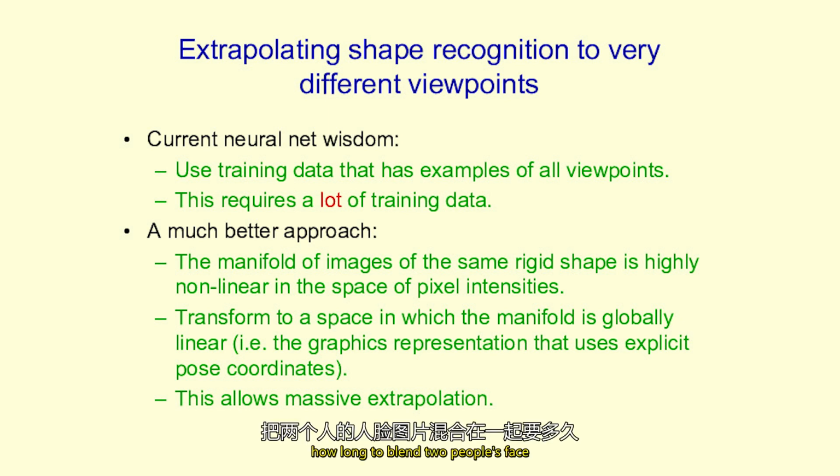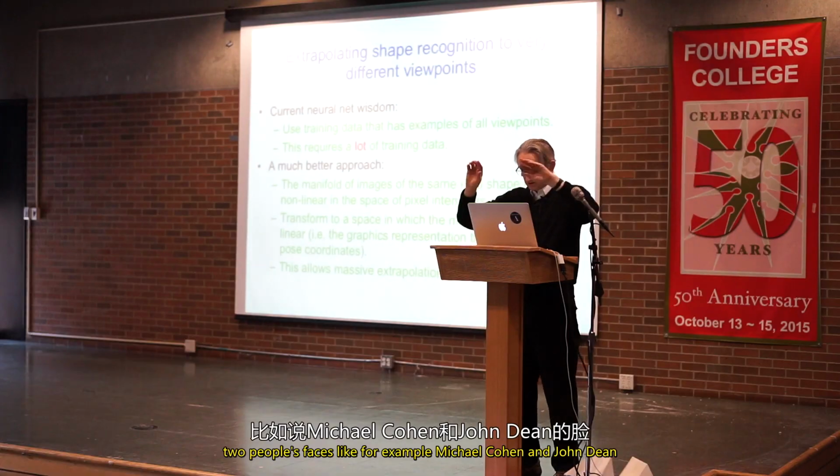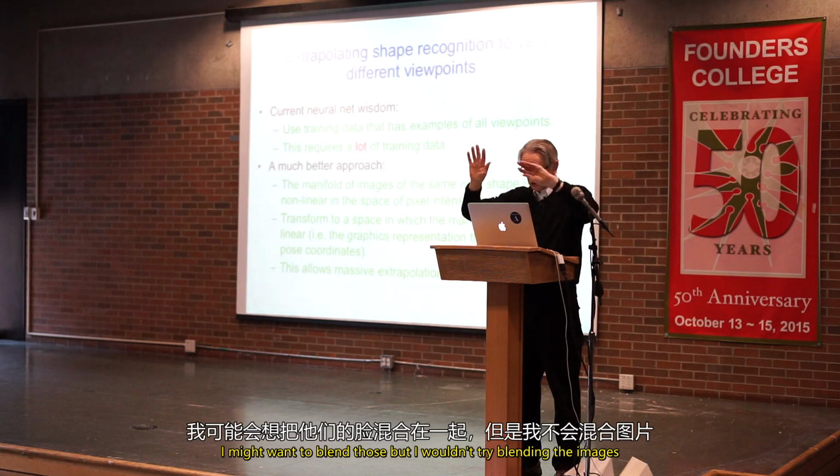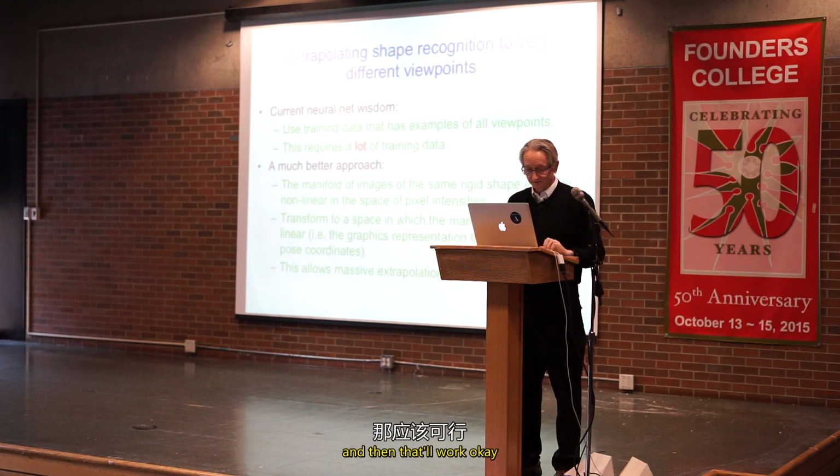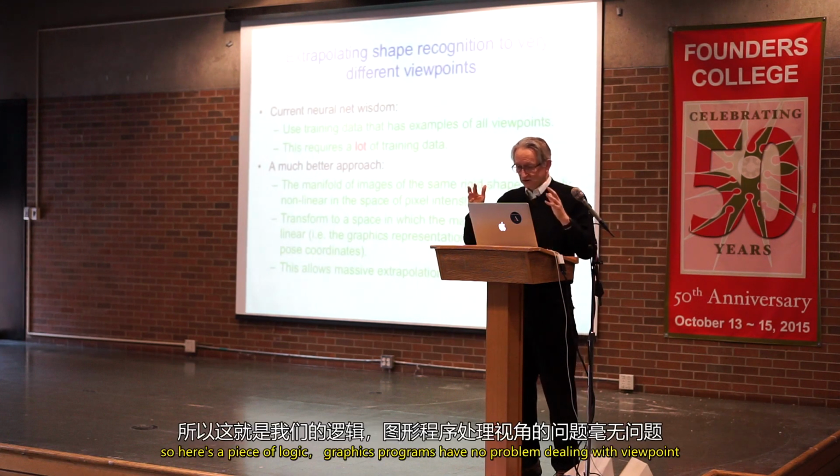So if I want to blend two people's faces, like for example Michael Cohen and John Dean, I wouldn't try blending the images, I'd try recognizing the relevant pieces and then blending those coordinates, and then that'll work.